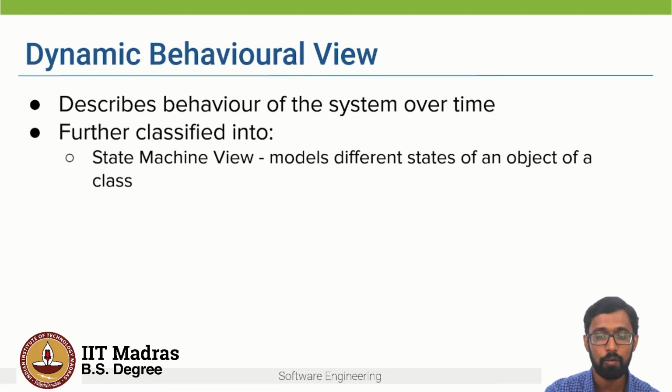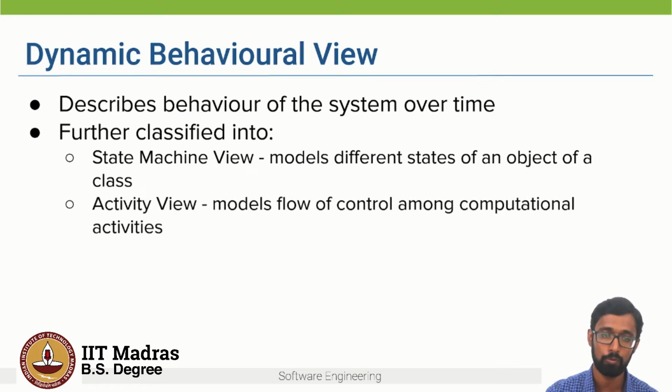Another type of view is the activity view. It models the flow of control among different activities or for a particular workflow. So how is a workflow done, or what are different steps for a particular activity that can be modeled using the activity view.